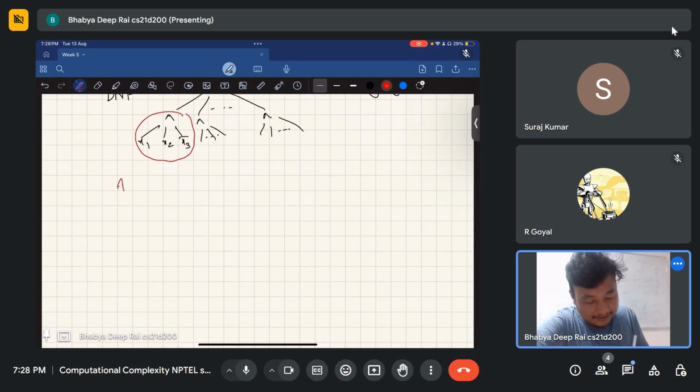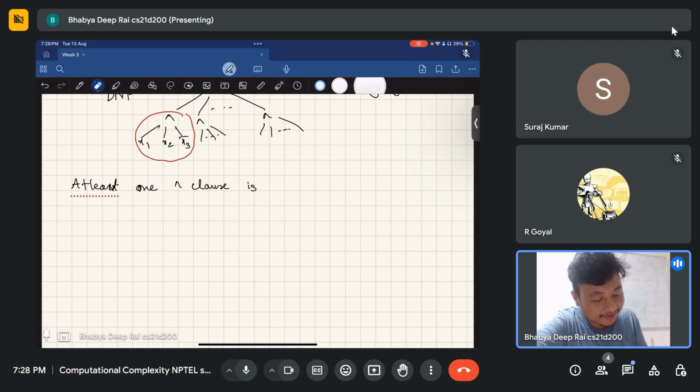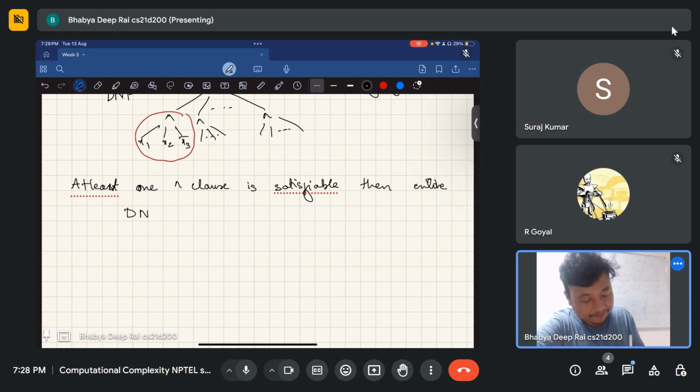At least one AND clause is satisfiable. I'll not write it as outputting anymore, I'll write it as satisfiable: there exists an input which will set it to 1. Then the entire DNF phi is satisfiable.